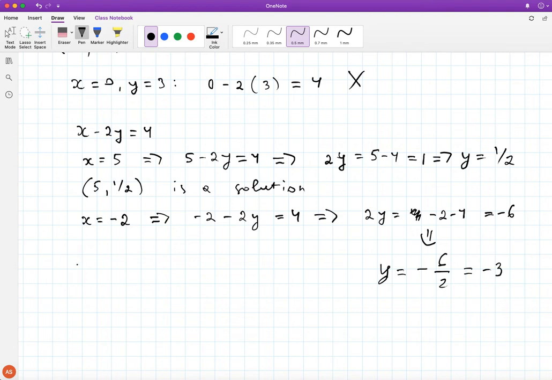And so starting with the value of x equal to negative 2, we obtain a solution: negative 2, comma, negative 3. Okay, now the key is that we can start with any value of x and obtain a solution with that value of x. Therefore, since we have infinitely many possible choices for the value of x, we can find infinitely many solutions to this equation.